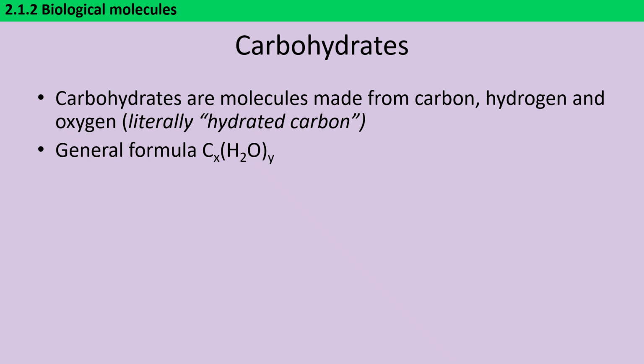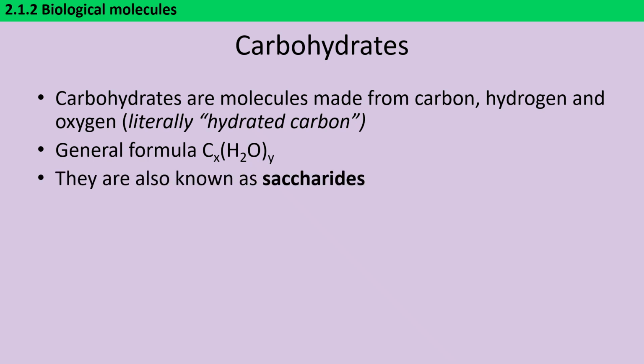So within a carbohydrate, you're always going to have twice as much hydrogen as oxygen. And then sometimes you'll have the same amount of carbon as oxygen if X and Y are the same number. So for instance, you already know about glucose, in which you have 6 carbon atoms and you also have 6 oxygen atoms, but also you could have a different number of carbon atoms.